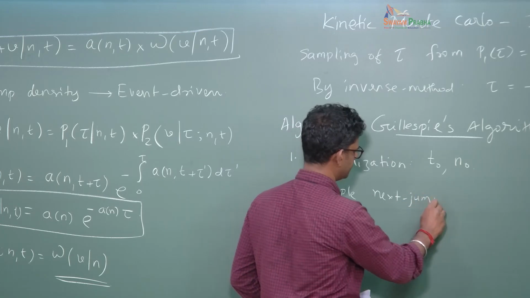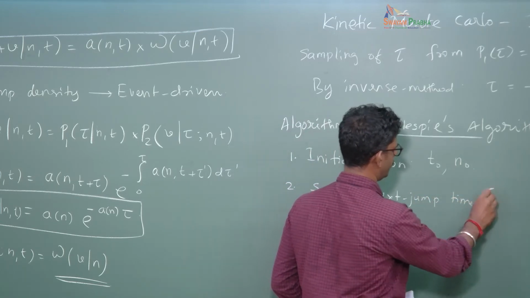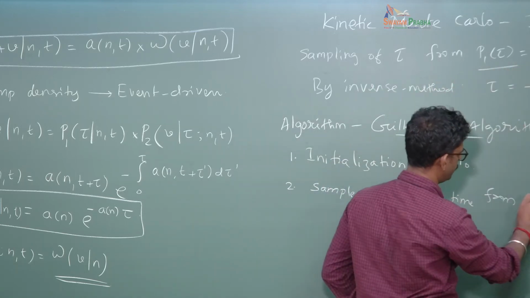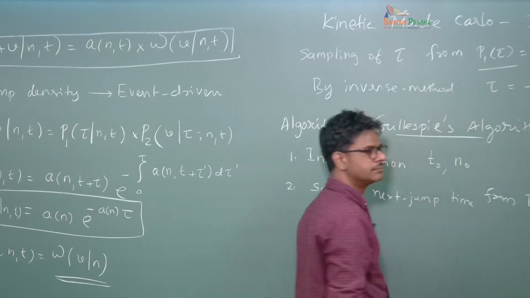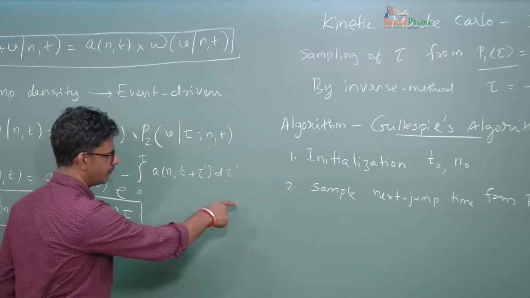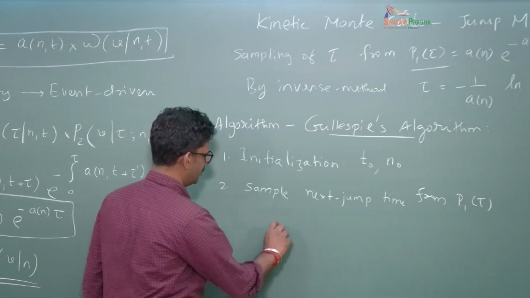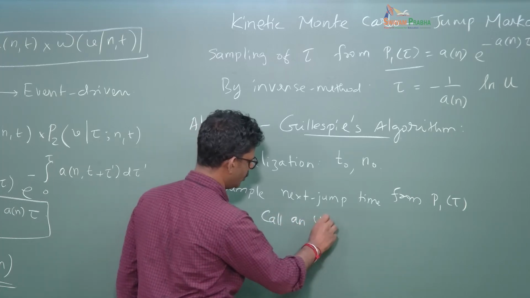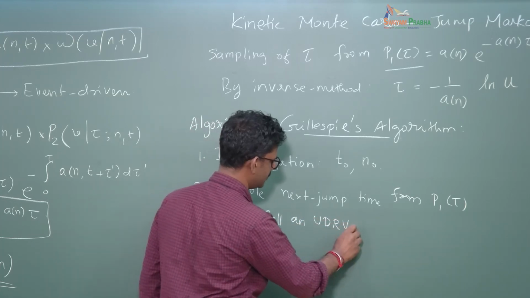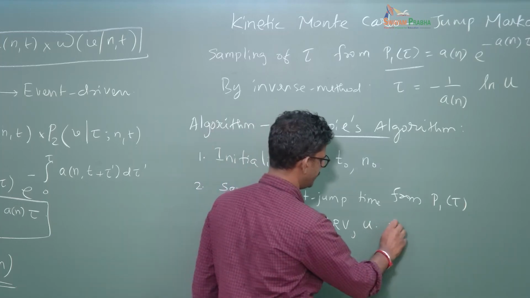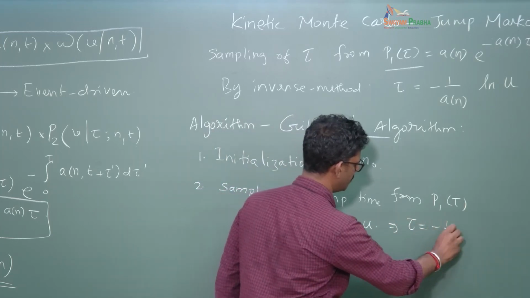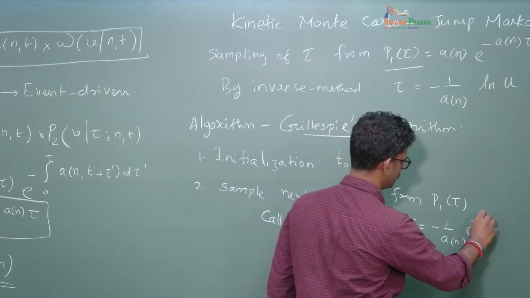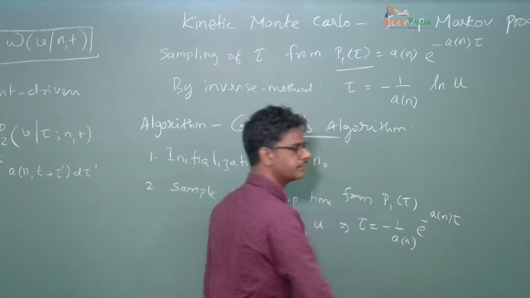Second is to sample the next jump time from p1 of tau. Basically, what you will be doing in this step is you would call a uniformly distributed random variable u, and then you find tau equal to minus 1 by a ln u.